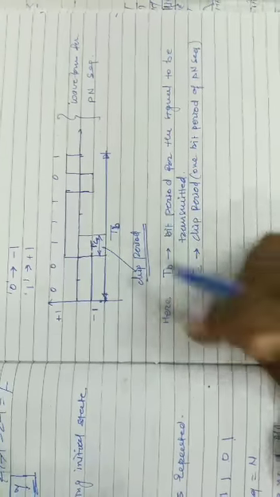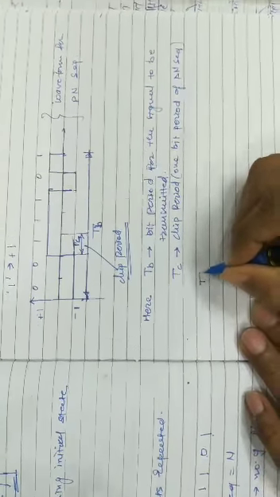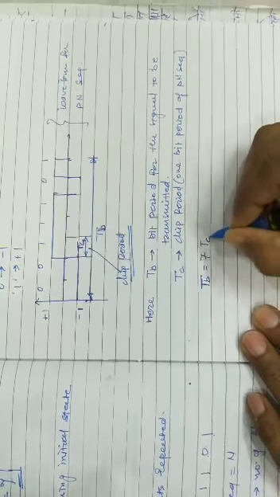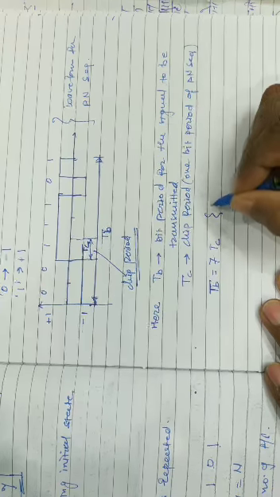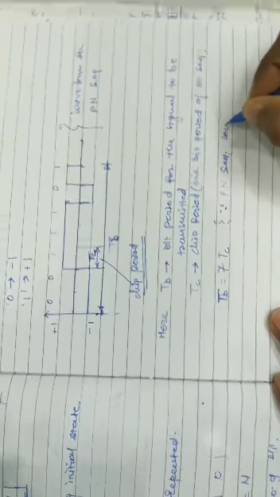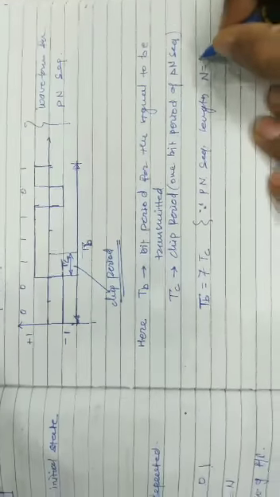Now if we correlate TB and TC, then we can say that TB is nothing but 7 times TC, since the PN sequence length for this particular problem is N equal to 7.